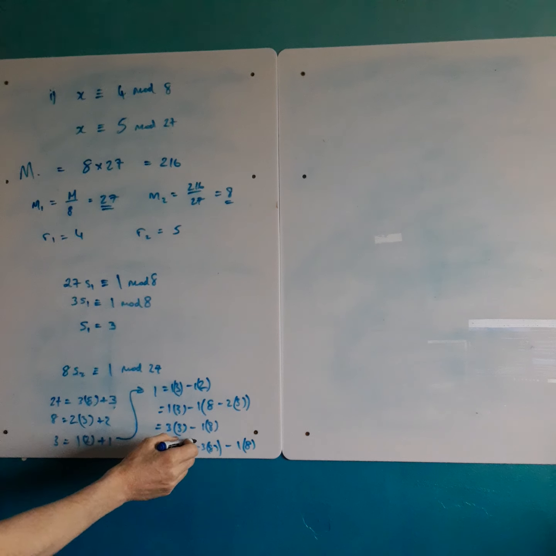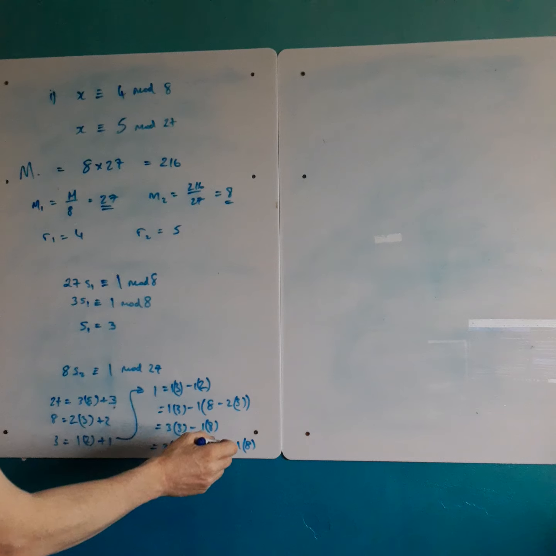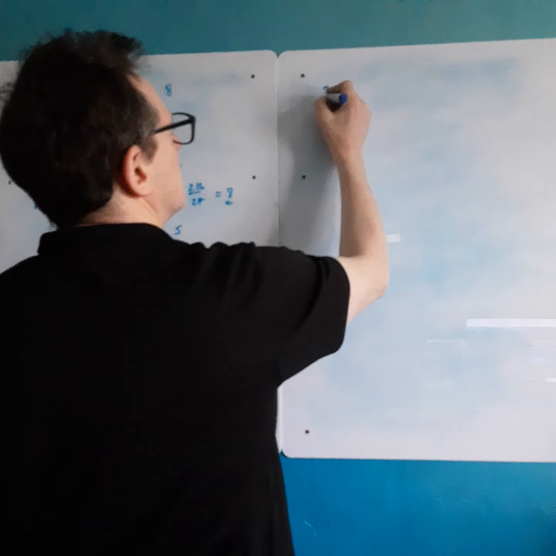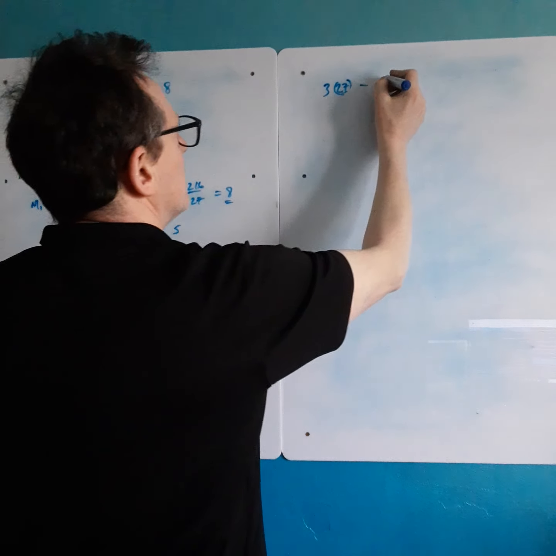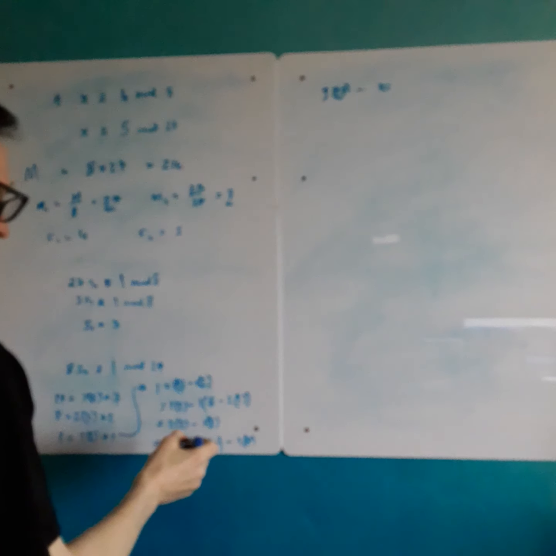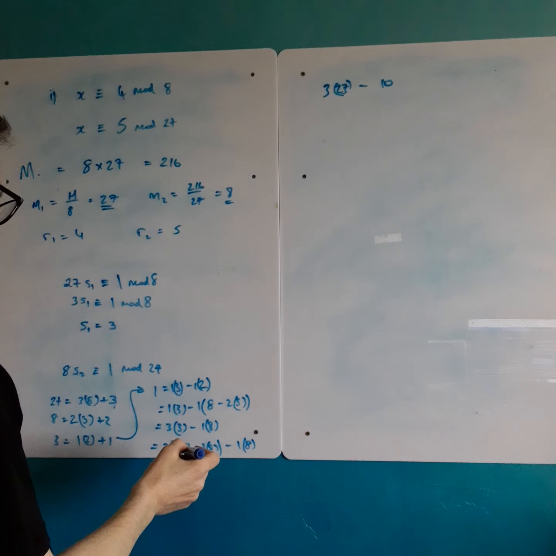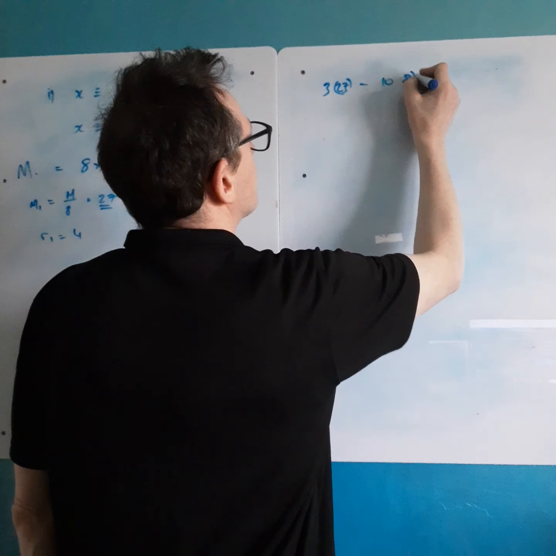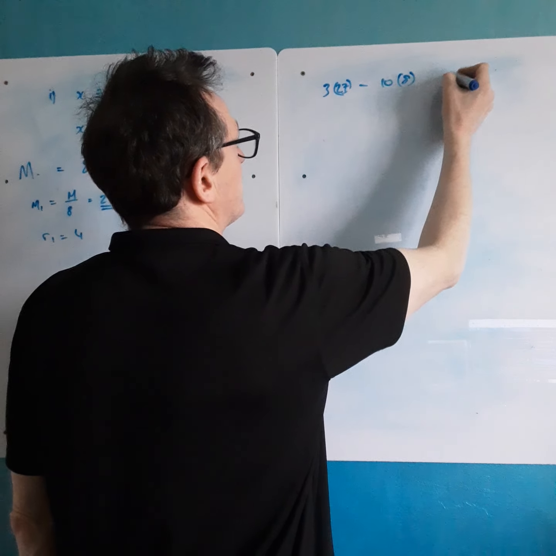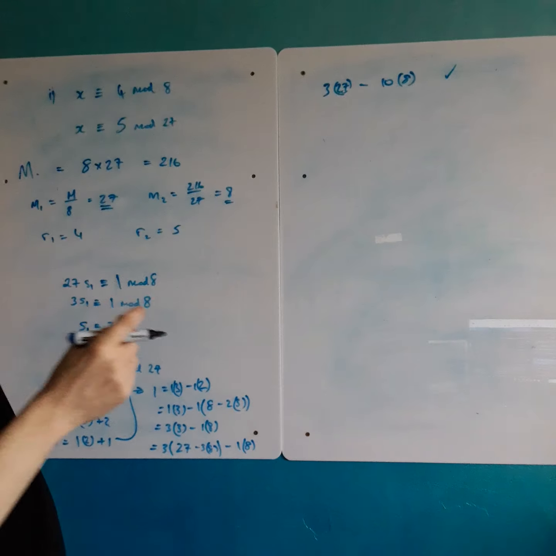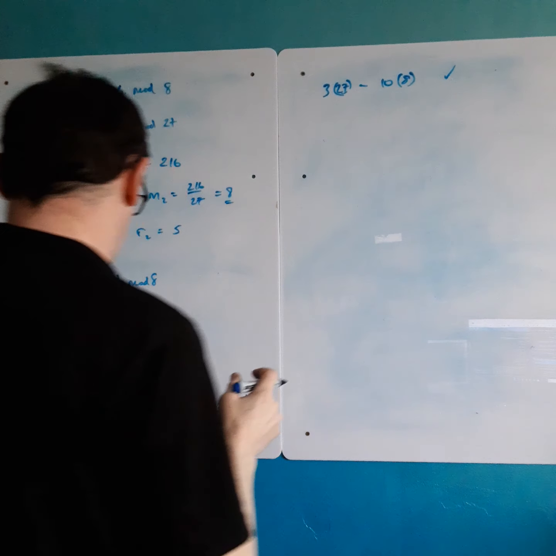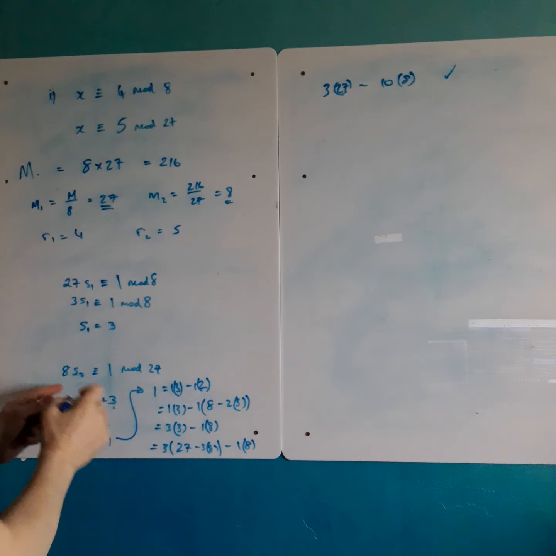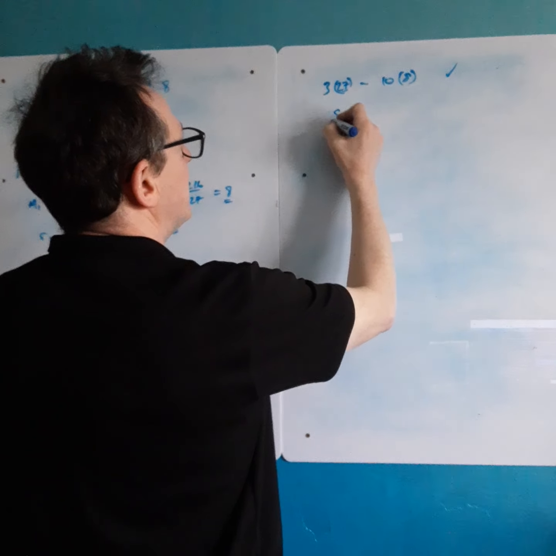So that's minus 9 minus 1, which is 3 twenty-sevens minus 10 eights. And that does equal 1: 3 twenty-sevens is 81 and 10 eights is 80. So that is the inverse.